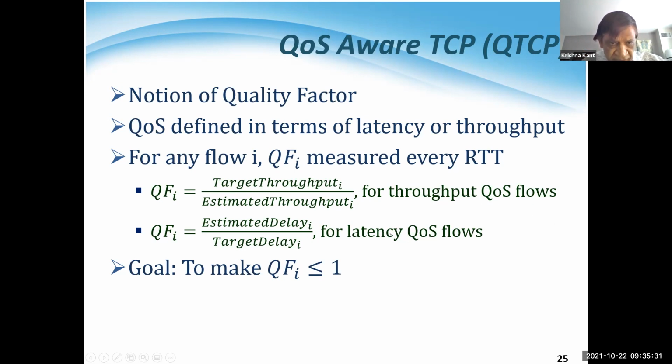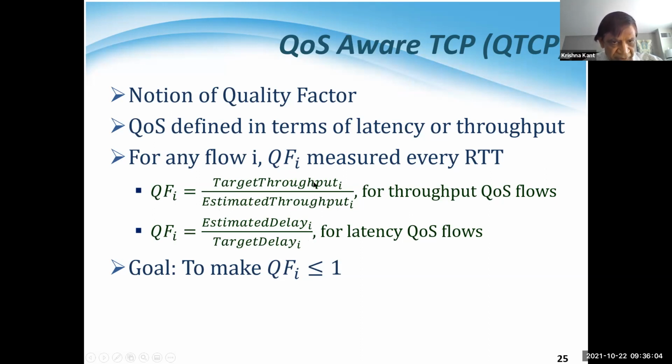So what is the idea? The idea really is that with QTCP, we define a target. So there is either a target throughput or a target delay. And then we define a quality factor based upon the target throughput and the estimated throughput that you're achieving, or the target delay and the estimated delay.